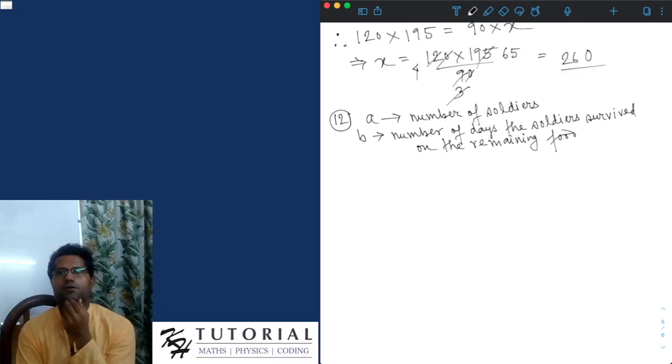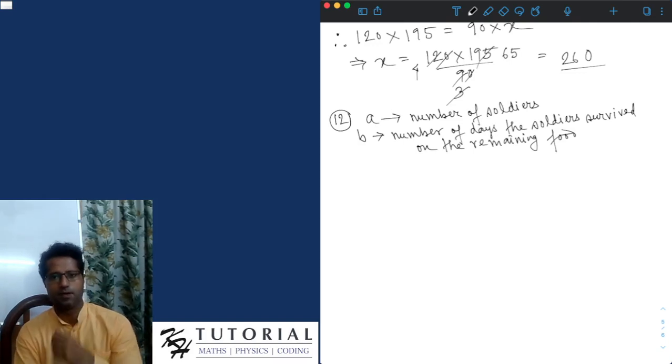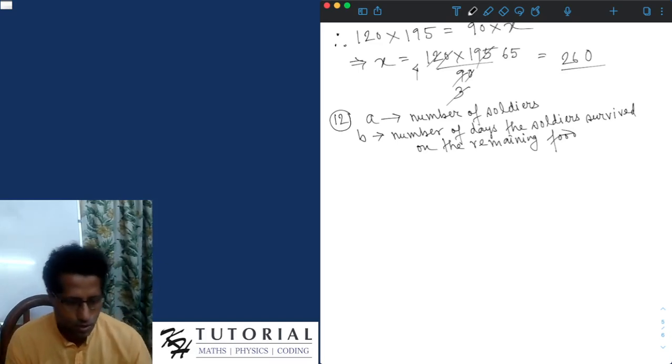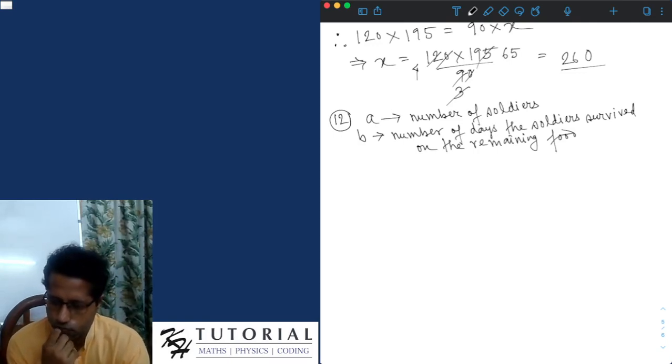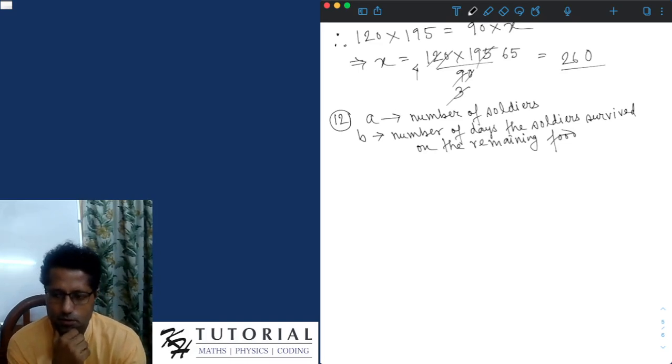I mean after 4 days, the food is supposed to be lasting for another 24 days, because it says in the beginning that 1200 soldiers had enough food to last for 28 days. So after 4 days, the food should last for another 24 days. But since some soldiers were transferred, that food lasted for 32 days.